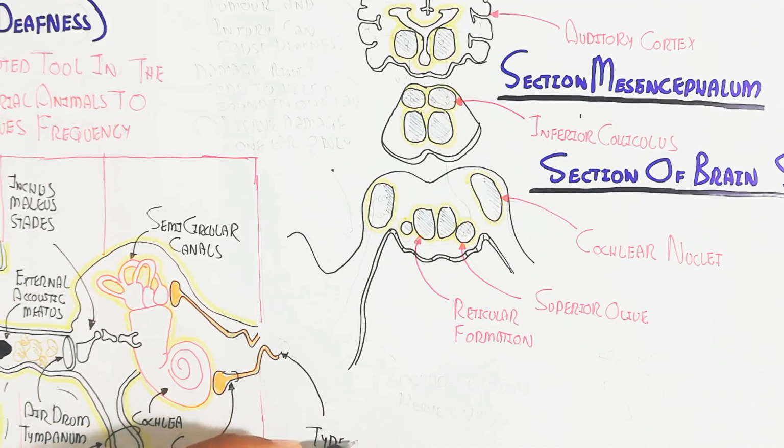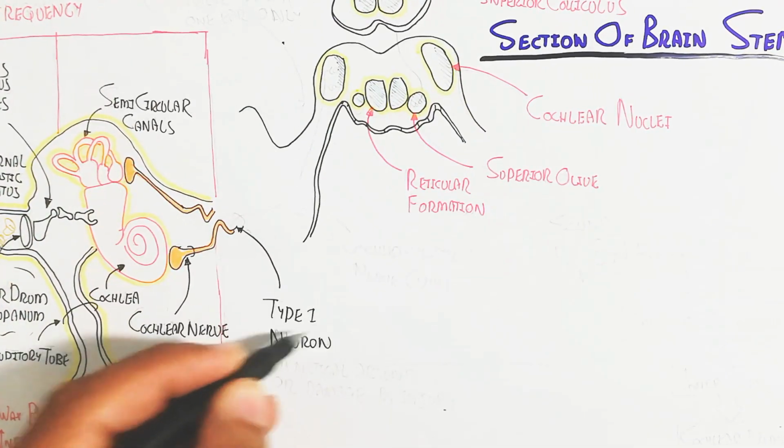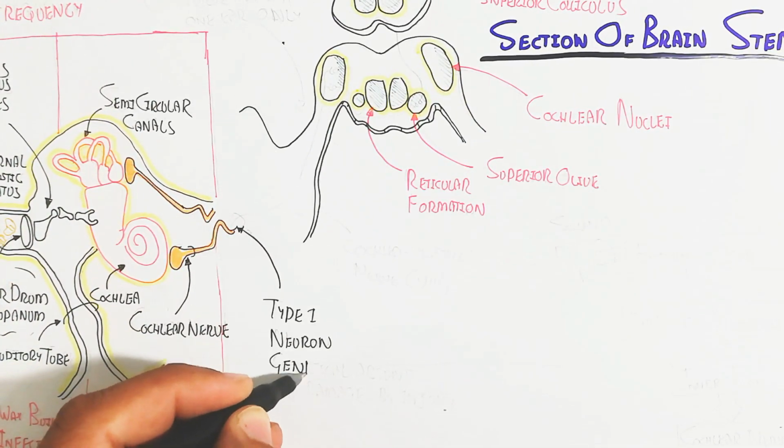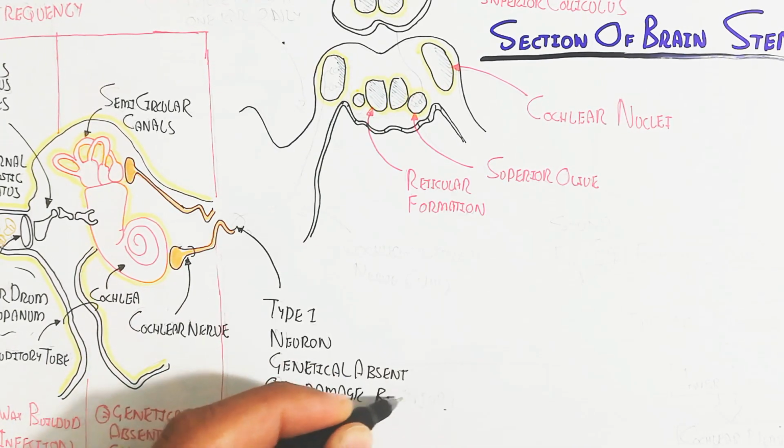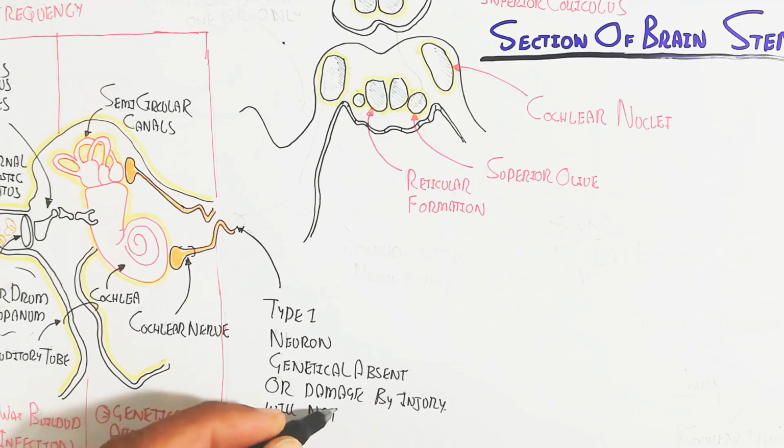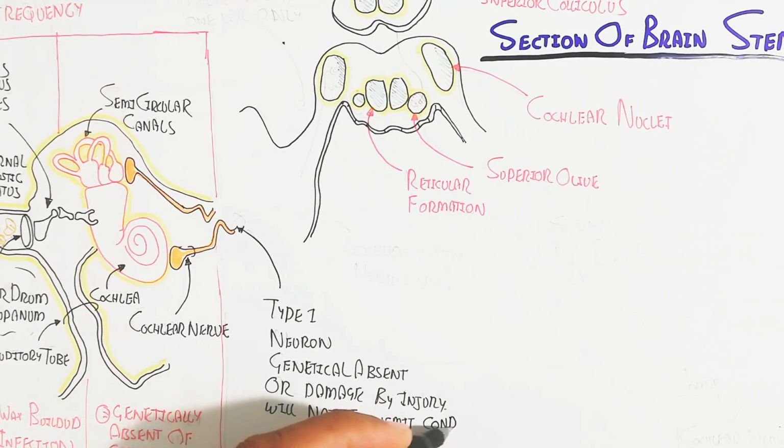From here is the cochlear nerve, which transmits the signal, and this is the type 1 neuron. If it is genetically absent or damaged by injury, it will not transmit conduction to the brain and depolarization will not occur.